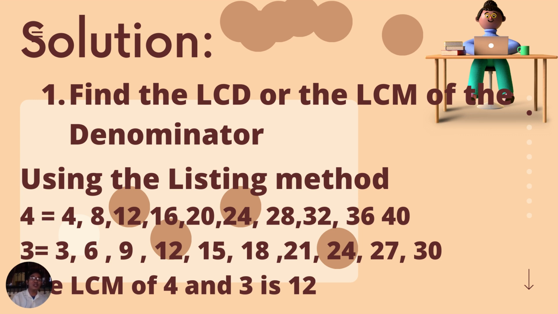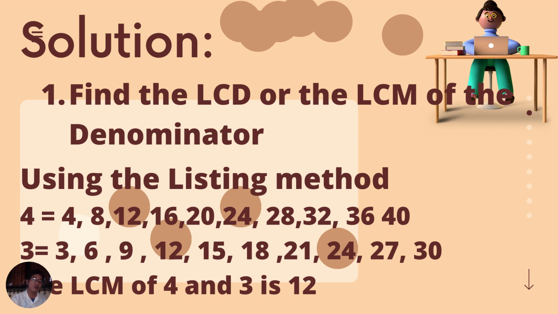Number 1 solution is find the LCD or the LCM of the denominators again. Using the listing method, we have the denominators 4 and 3. The multiples of 4 are 4, 8, 12, 16, 20, 24, 28, 32, 36, and 40. And the multiples of 3 are 3, 6, 9, 12, 15, 18, 21, 24, 27, and 30.